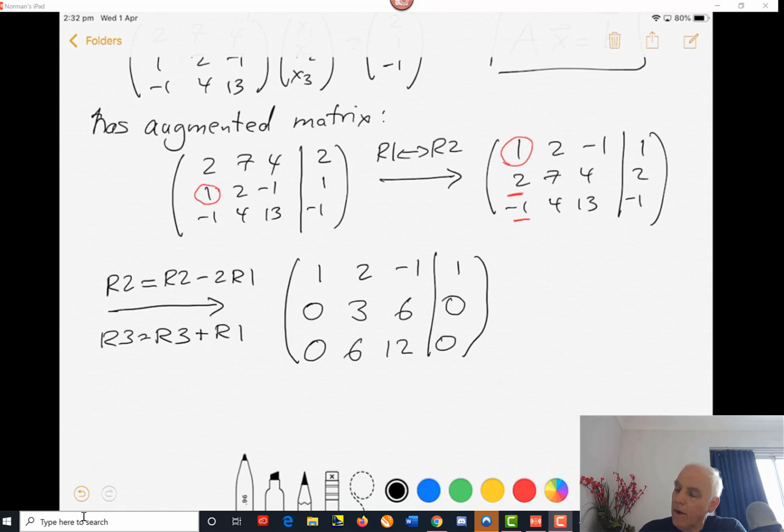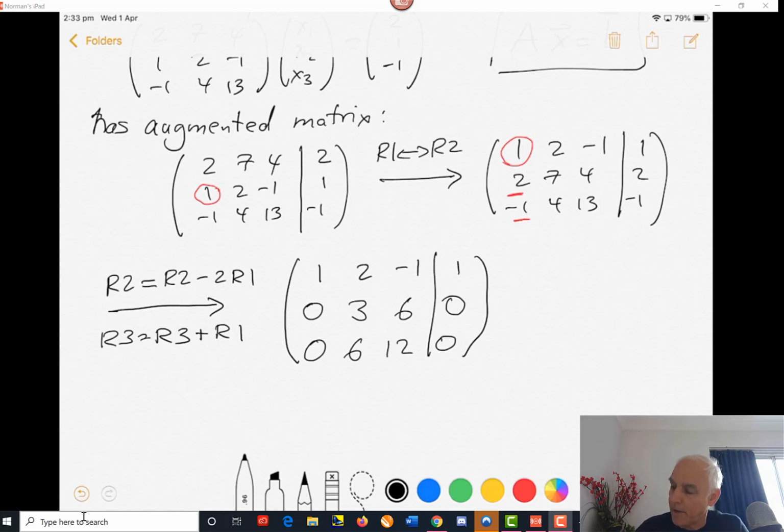Okay, great. Now, at this stage, we're happy with column 1. Column 1 has been arranged just the way we want. It has a 1 up at the top, and below that 1, there's only zeros. That's excellent.